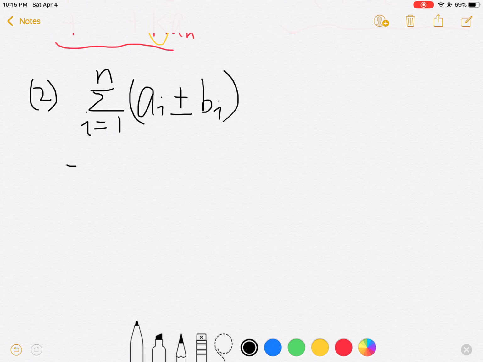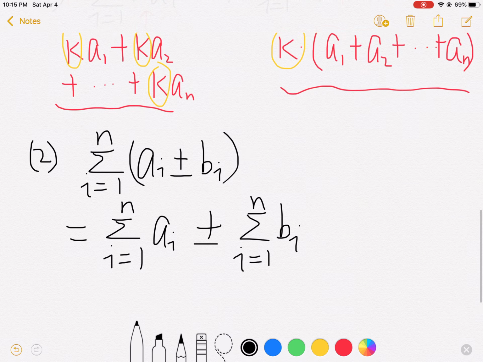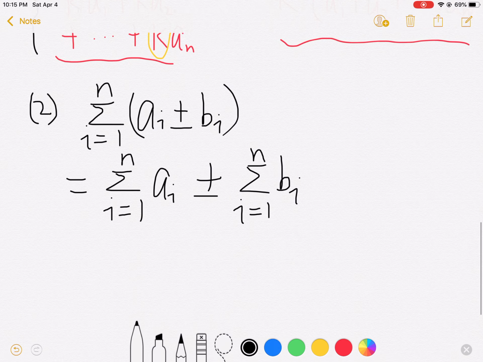It is equal to the summation i from 1 to n of a sub i plus or minus the summation i equals 1 to n of b sub i. You can expand like we did here to see both sides are exactly the same.